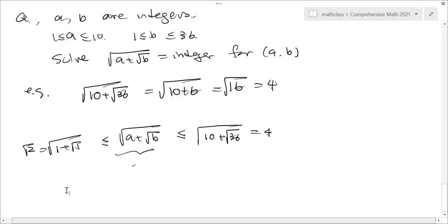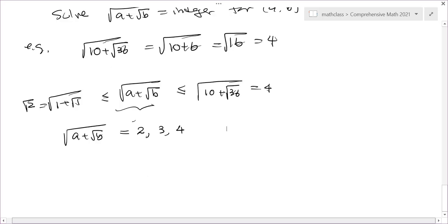It is only equal to 2, 3, and 4. So the sum of square roots can only be one of those 3 possible values, right?